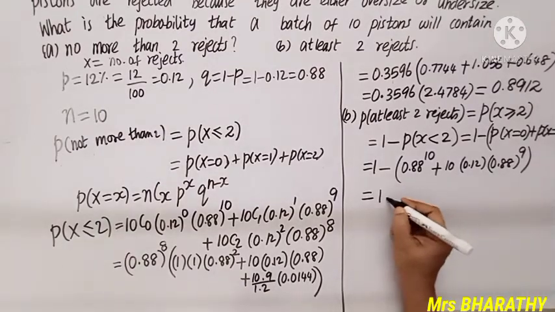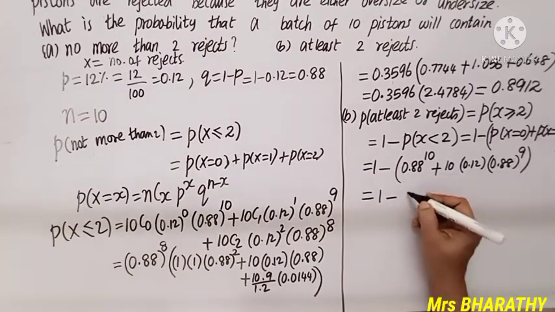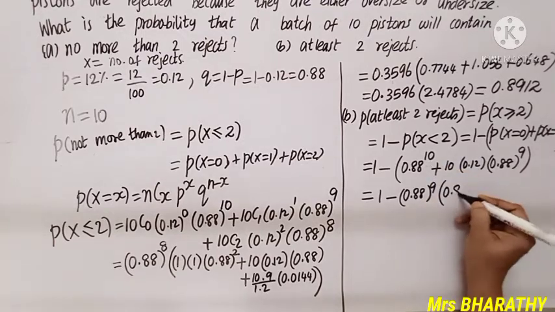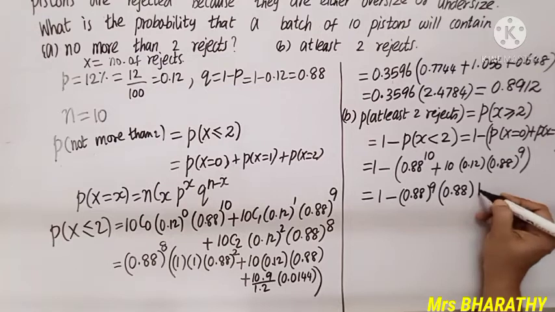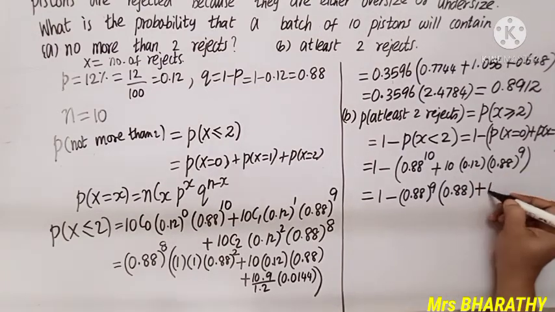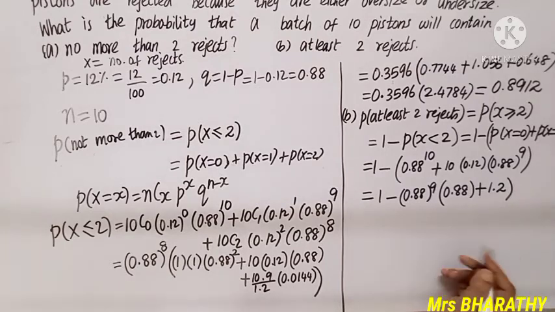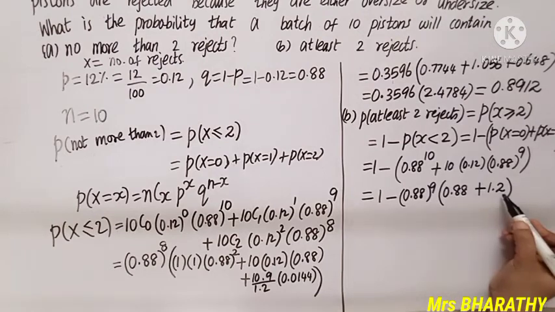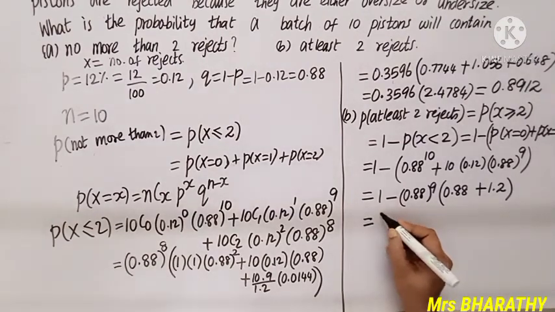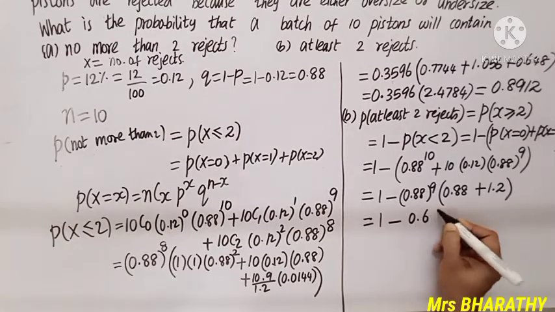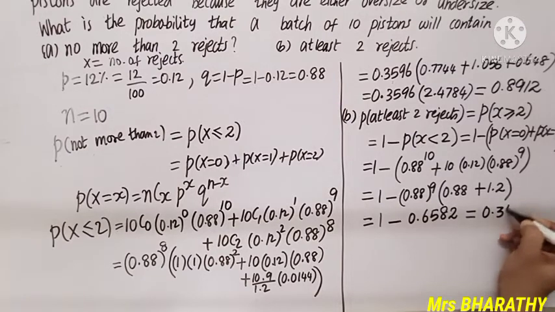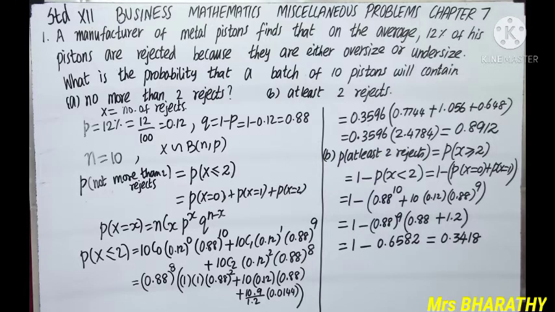As I simplify these two, we get 0.88 power 9 common. I am left with 0.88 plus 10 into 0.12 is 1.2. As we add these two and multiply with this, we get 1 minus 0.6582, or my answer is 0.3418.